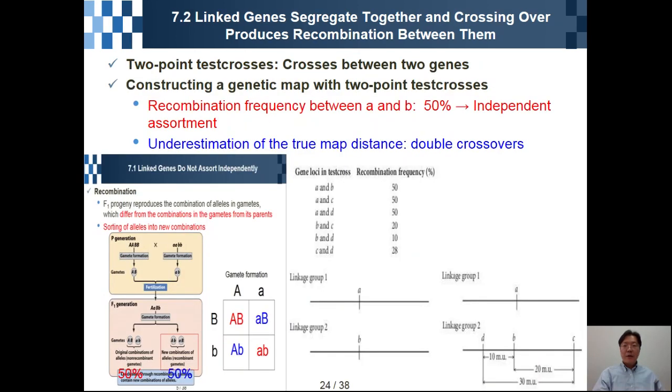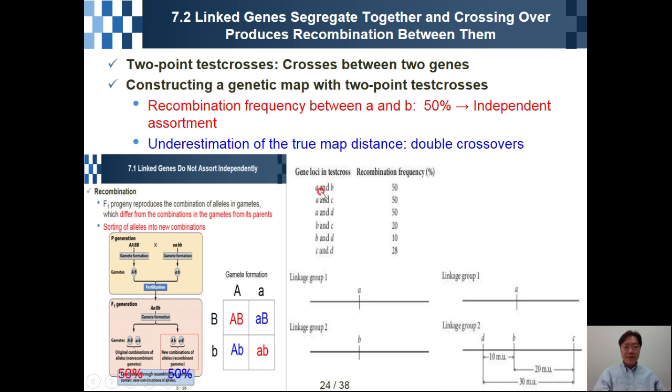In this slide, I will show how to construct the genetic map in more detail. Two-point test crosses means crosses between two genes. Usually we use two-point test crosses when we construct our genetic map.